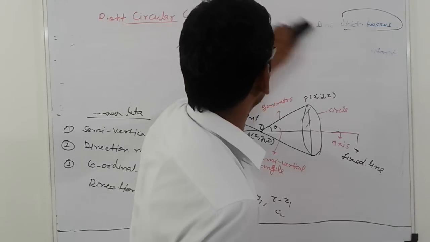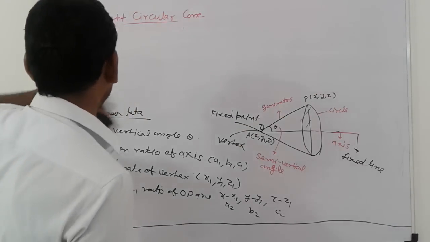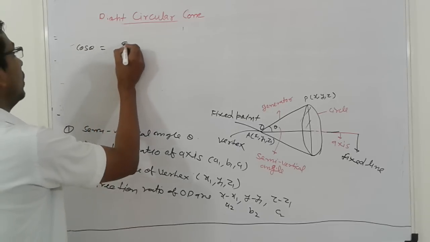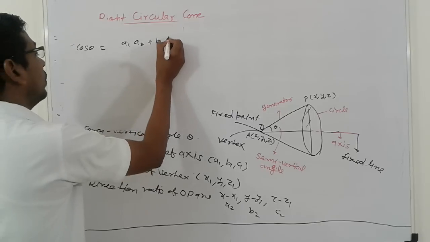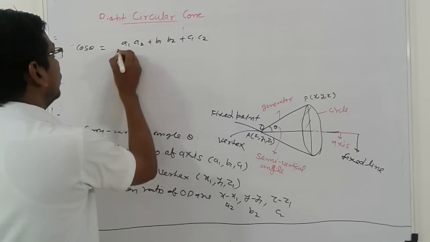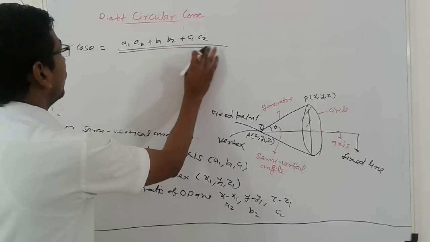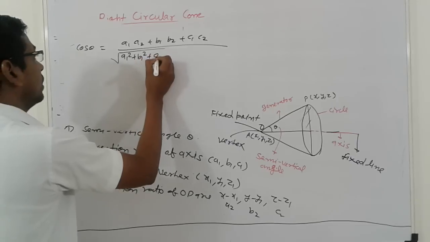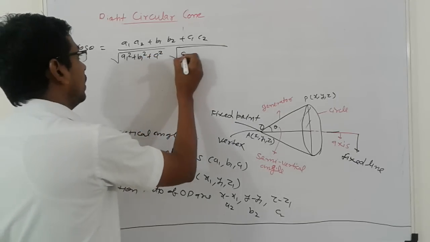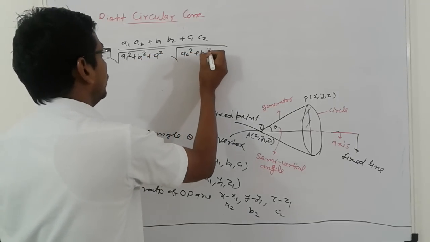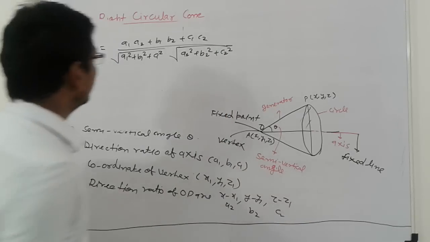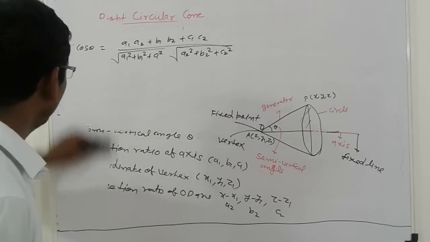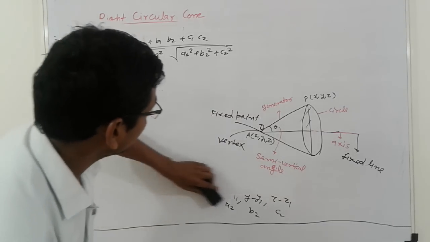Theta is the angle. The angle between two lines, everyone knows, is cos theta equal to a1 a2 plus b1 b2 plus c1 c2, divided by the square root of a1 squared plus b1 squared plus c1 squared, times the square root of a2 squared plus b2 squared plus c2 squared. That is the formula for the angle between them. So put in all these values, evaluate, and we get the answer.